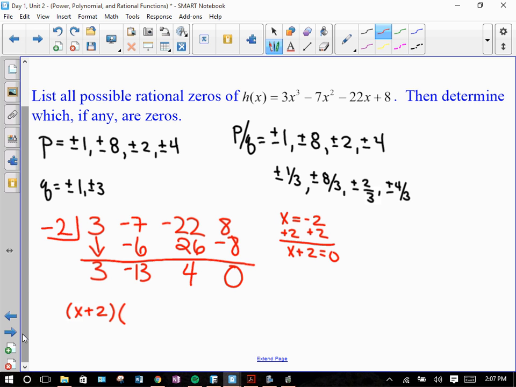So this is going to start with x squared minus 13x plus 4. Well, that's awesome. You know why that's awesome? Because while you guys are all checking all 16 of those numbers, I'm factoring that and getting done much quicker than you.